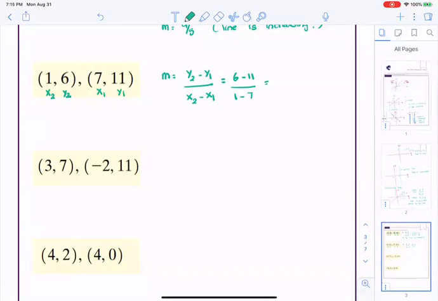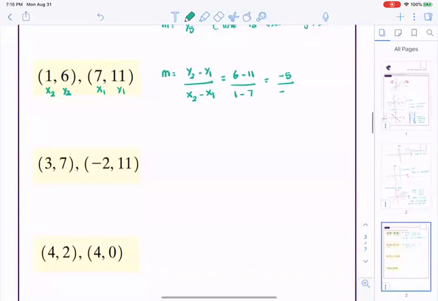So 6 minus 11 is -5, and 1 minus 7 is -6. The negatives will cancel, so we have 5/6. So the line in this case is also increasing, the reason being the slope is positive.